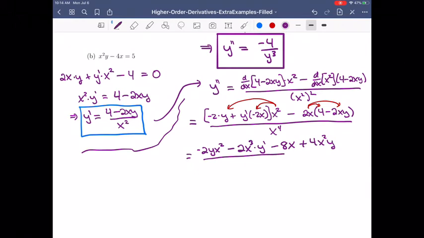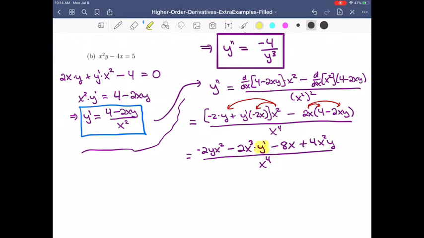And all of that is over x to the 4. Okay, so I'm seeing some like terms. Okay, so I can put those together. But I also see this y prime. Okay, so I'm going to have to replace that with what y prime equals.